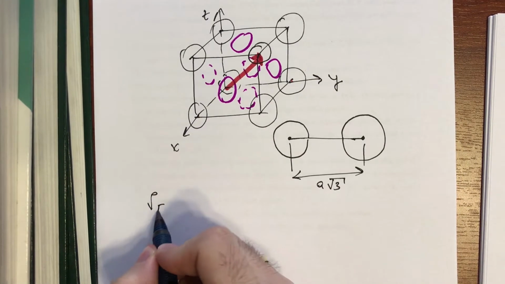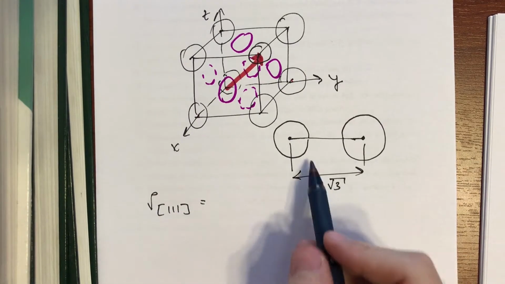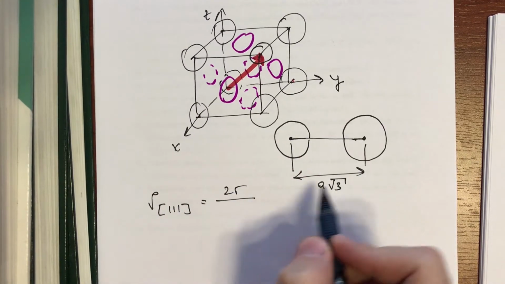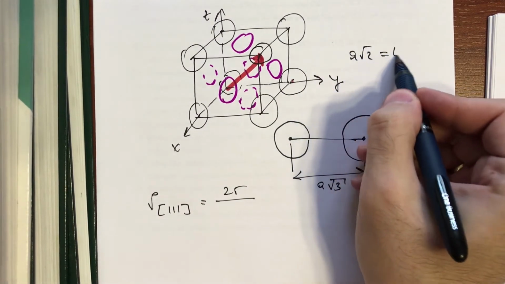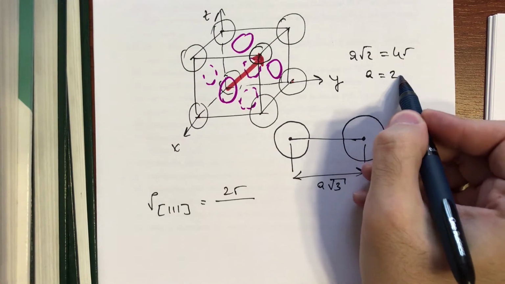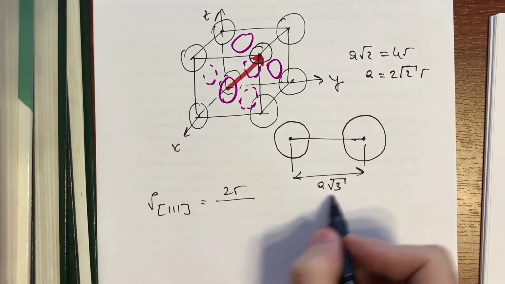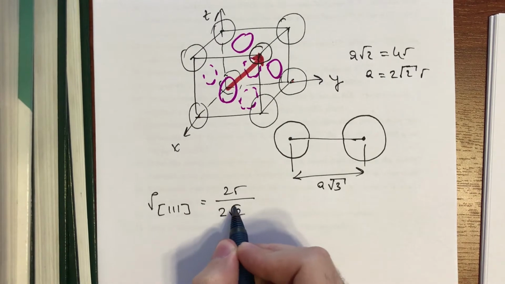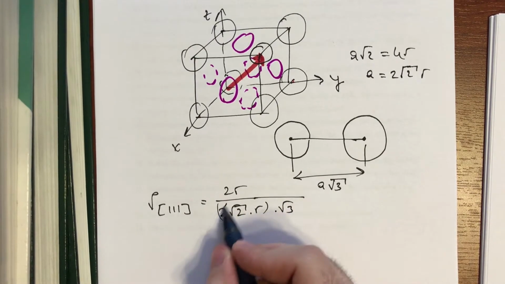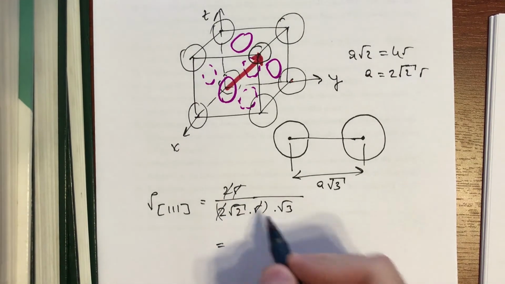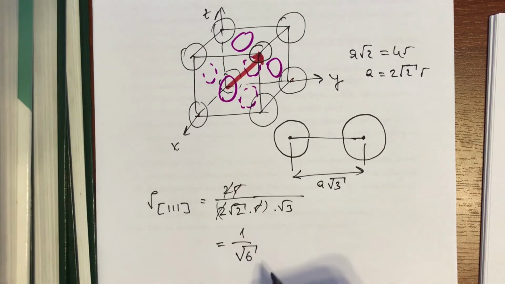So linear density for 111 is going to be 2r divided by, for FCC, a square root 2 is 4r, then a is going to be 2 square root 2 r. 2 square root 2 times r times square root 3. 2's cancel out, r's cancel out. This is going to be 1 divided by square root 6.